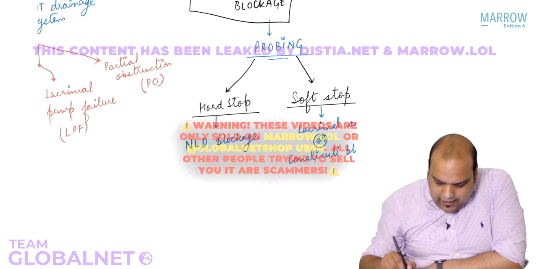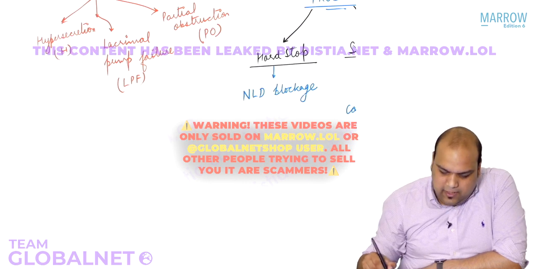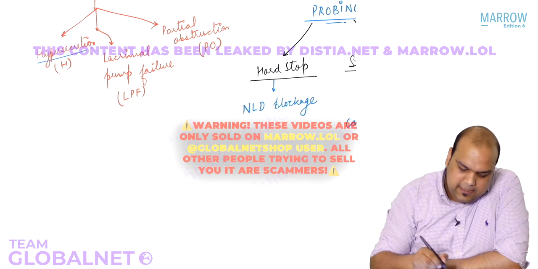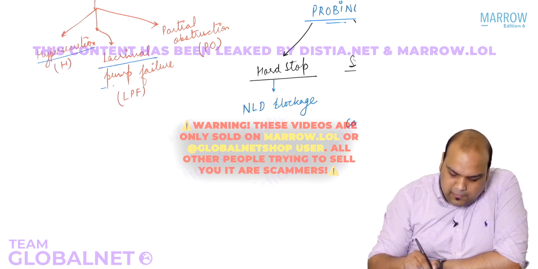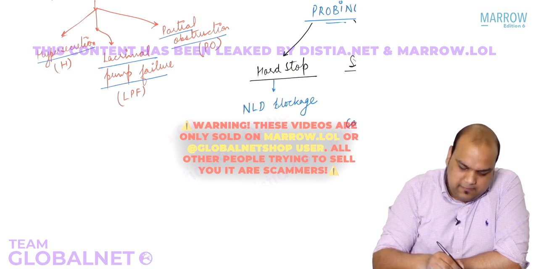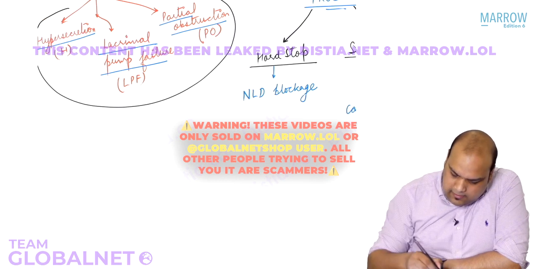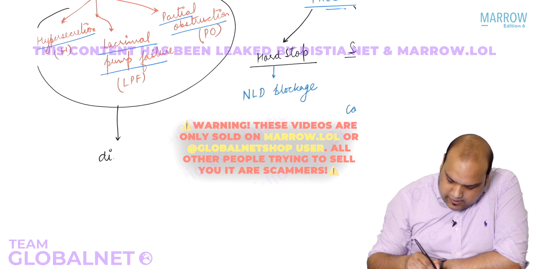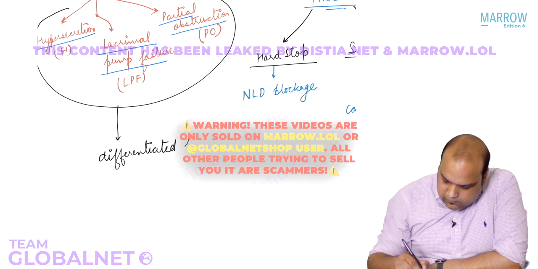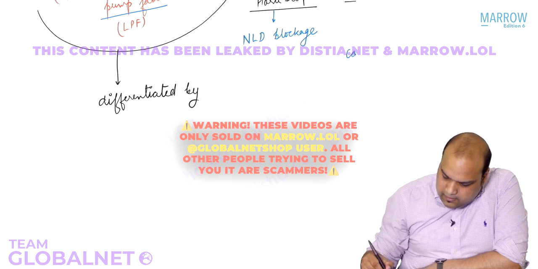Now let's move back to the first scenario, where we have either had hypersecretion or lacrimal pump failure or partial obstruction. These cases are differentiated by Jones dye test.